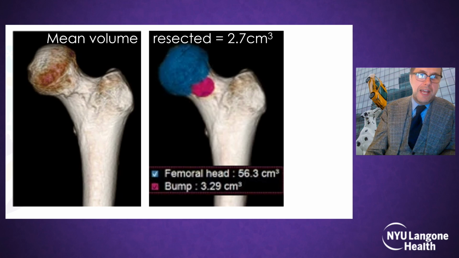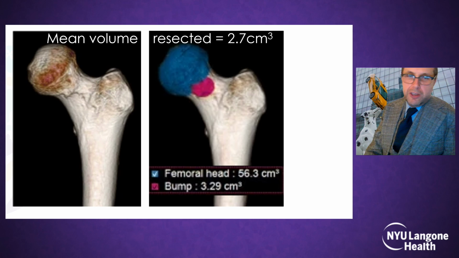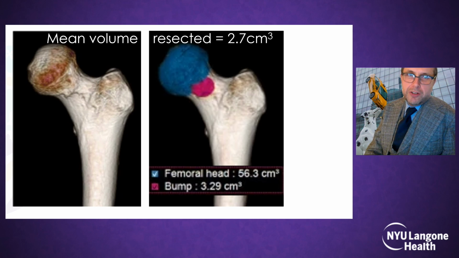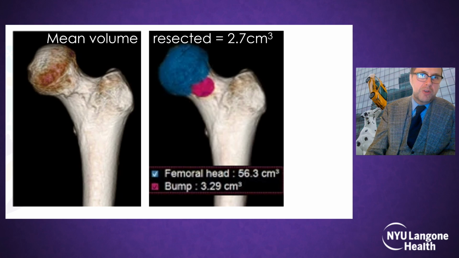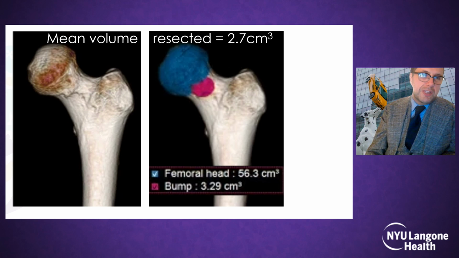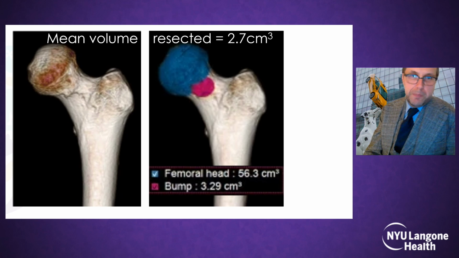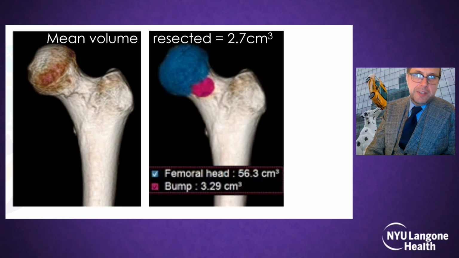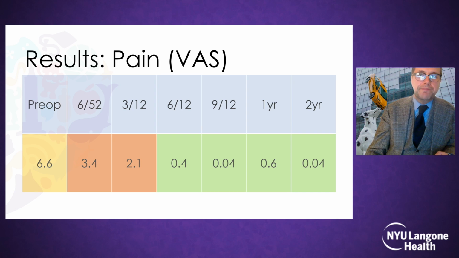So if the femoral head in its entirety measures 56.3 cubic centimeters, and we see that that bump is 3.29 centimeters, we know exactly how much bone needs to be taken off, taking out the guesswork, because you can use the burr with a suction tip and know exactly how much tissue has been resected. And the mean volume that we resected from the series was actually just under 3 cubic centimeters of bone.